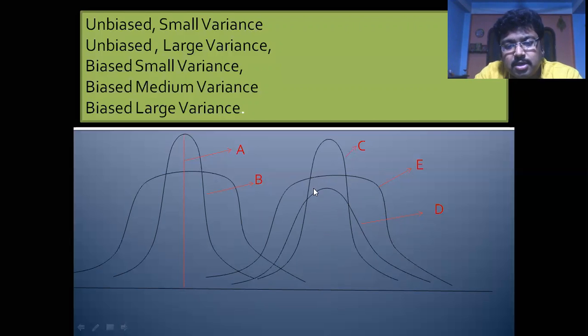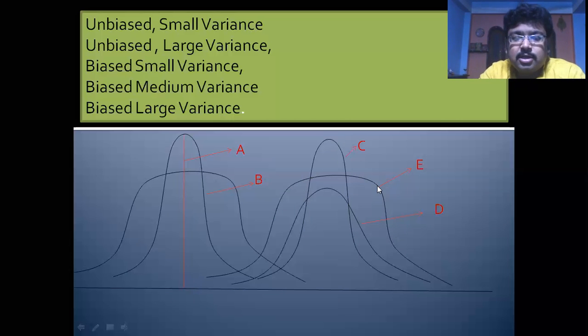You can find the biasedness because the estimate is not equal to the parameter. This point represents the estimate equal to the parameter, but this point does not. So it is biased and the variance is large. So the distribution E represents biased and large variance.